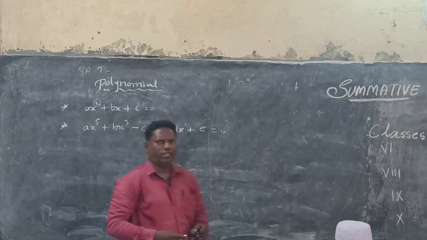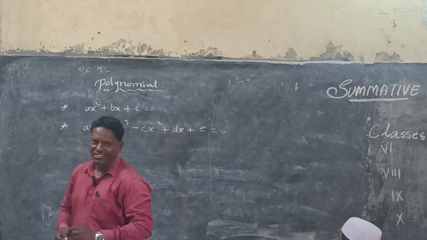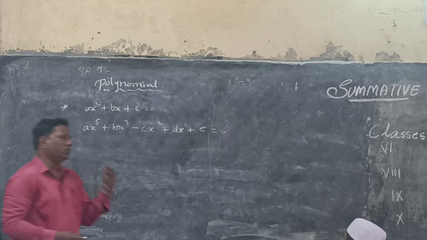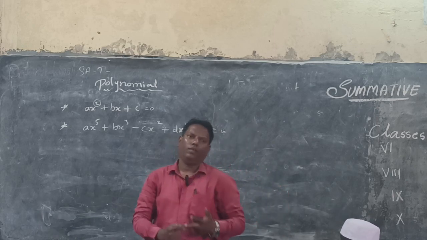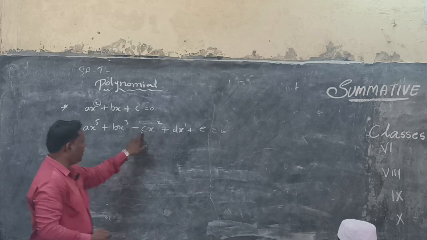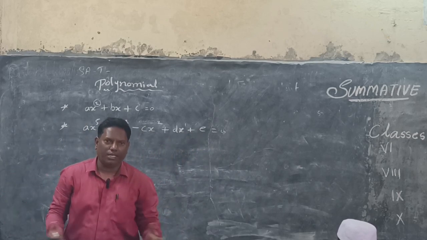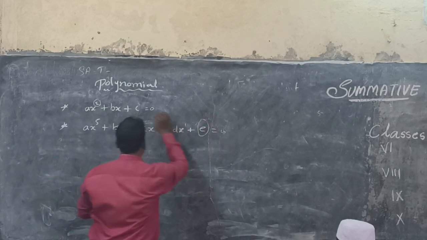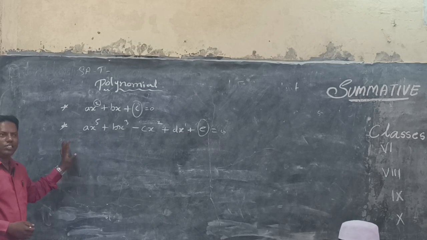It is also a polynomial, a polynomial with two variables x and y. All these letters A, B, C, D, E are real numbers, and here E is the constant term. What do we call it? Constant term.